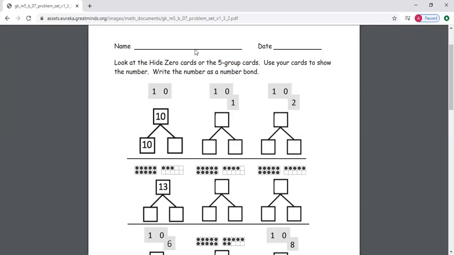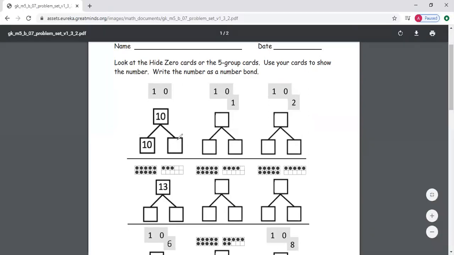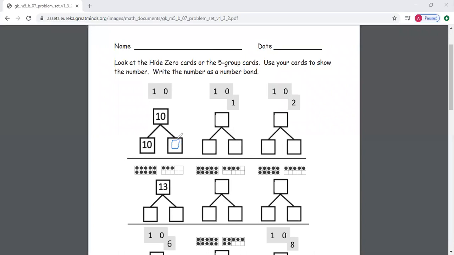We have 0. So you would simply put the number 0 right here because we only have one part showing. Here we have two parts, 10, 1. So that means you know our two parts are 10 and 1. And then you will figure out the teen number that breaks apart into 10 and 1.